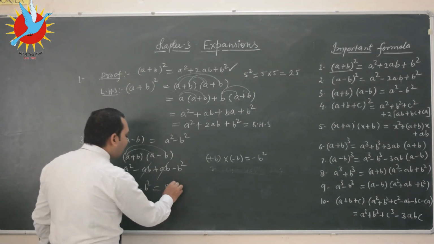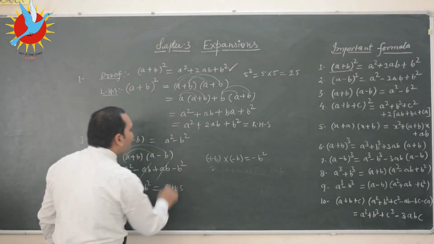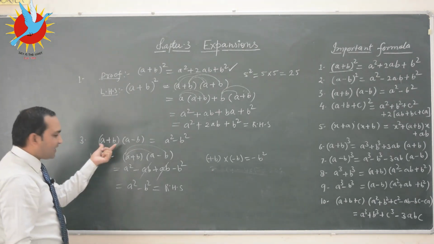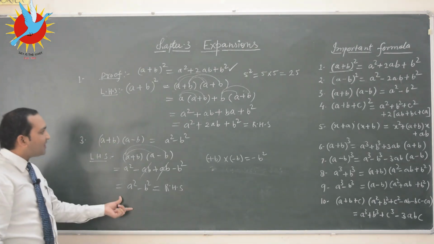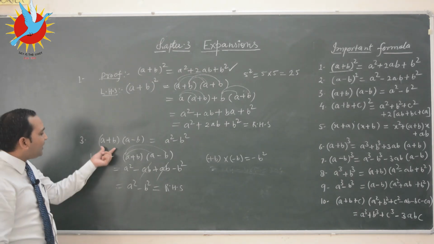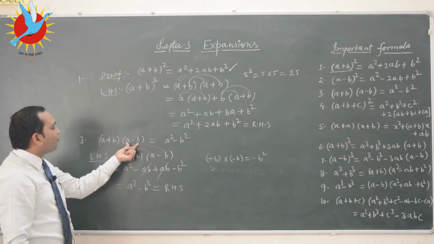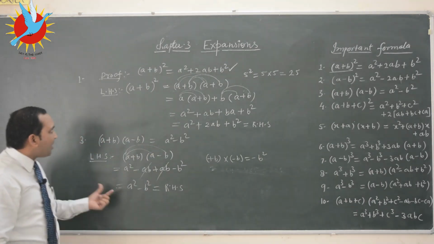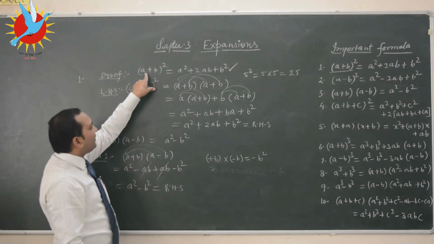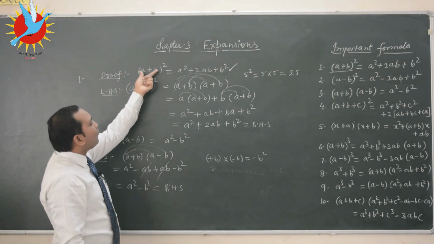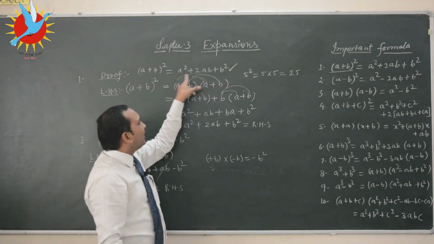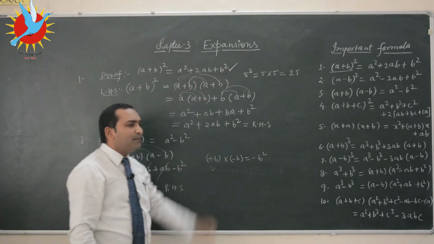So this is called the special product of algebraic expressions. If we put any value of A and B, it must be equal to A square minus B square, or if we put any value of A and B in (A + B) whole square, it always satisfies A square plus 2AB plus B square.